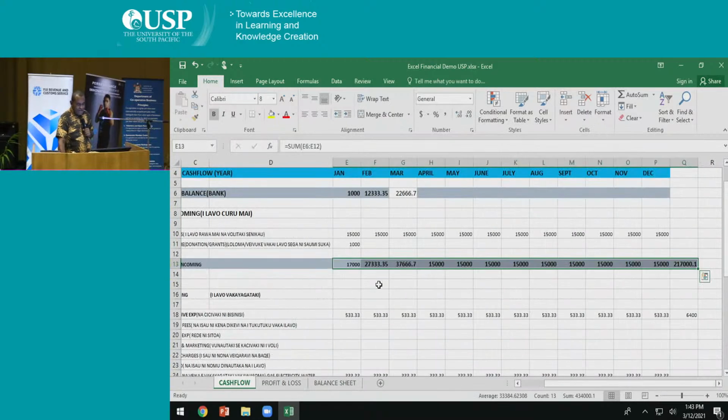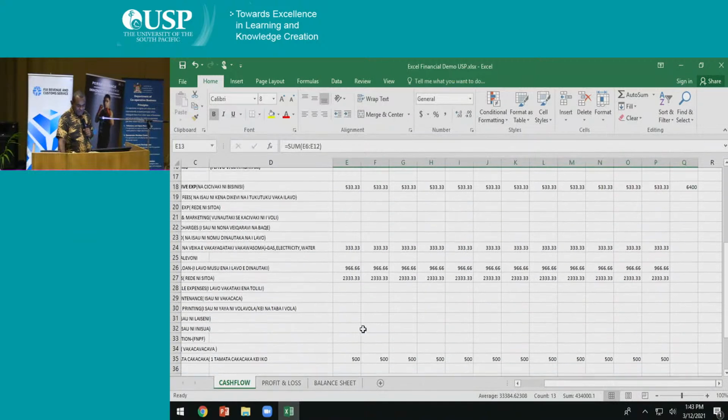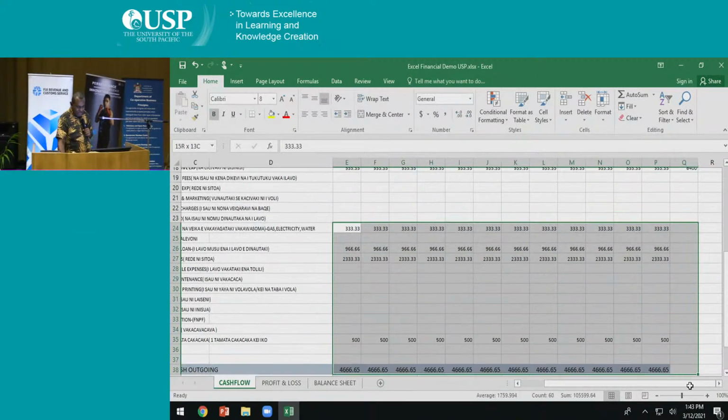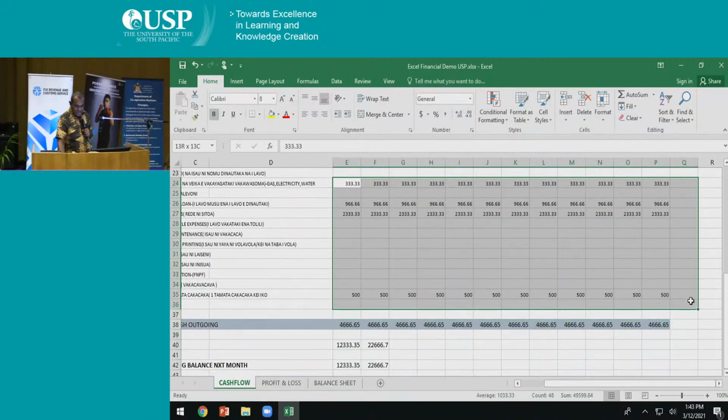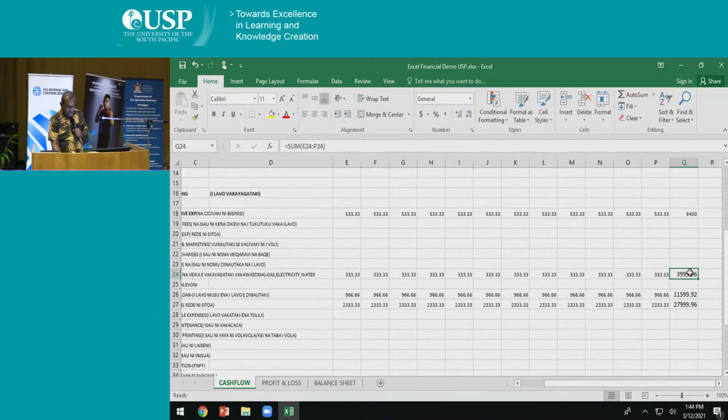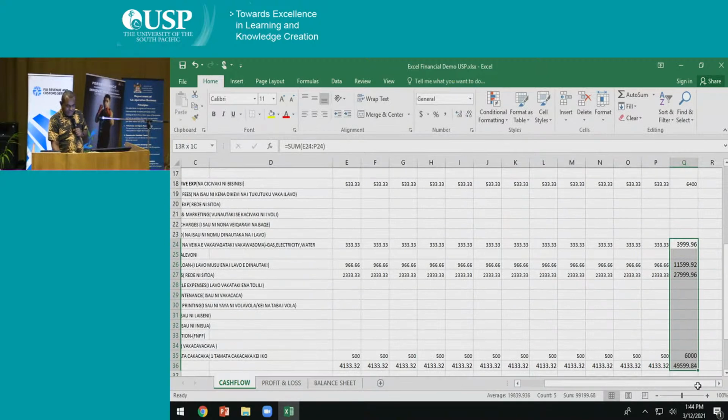So that means I'll just have to total all this, yes? And maybe cut this.